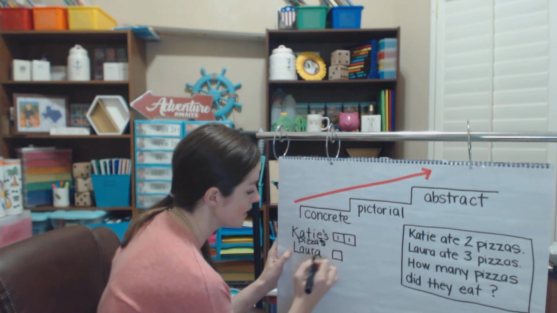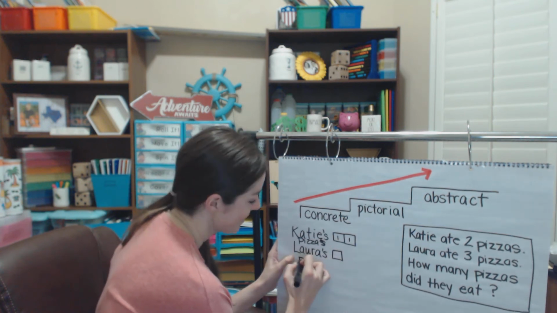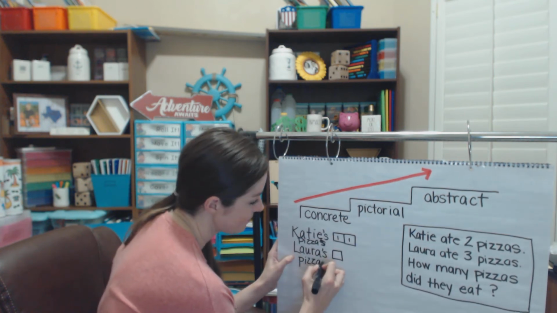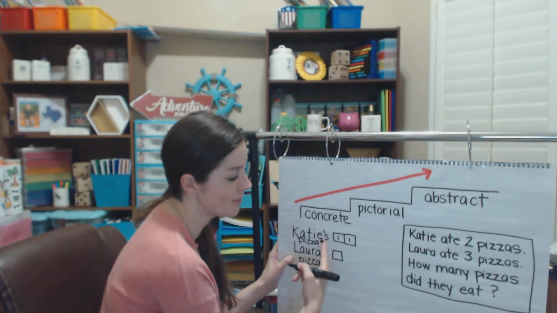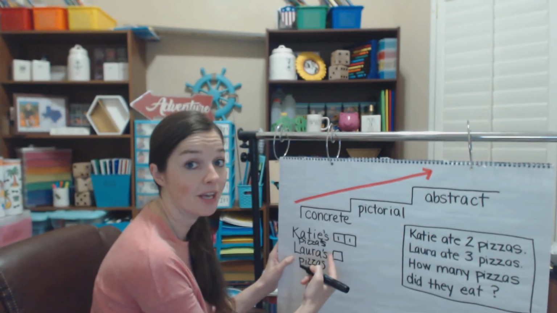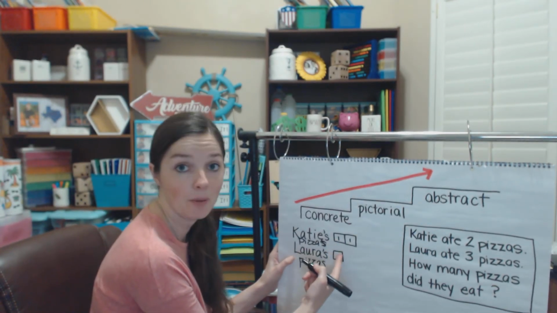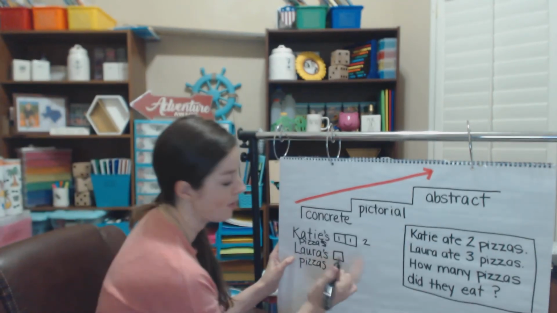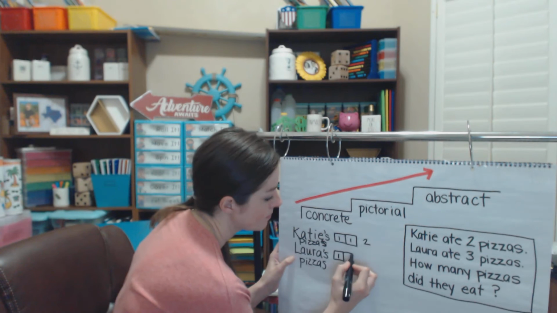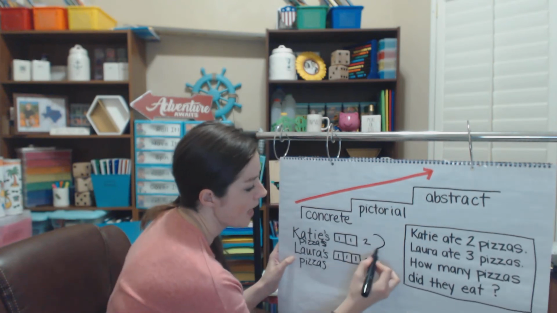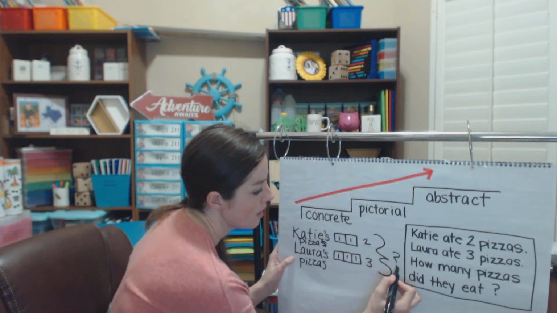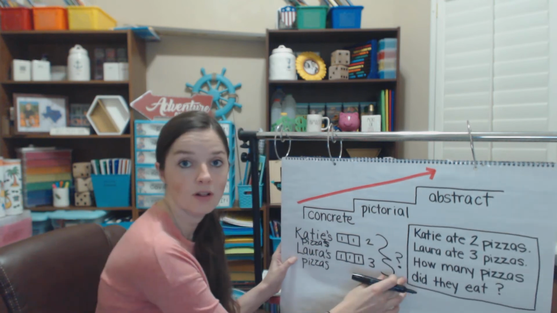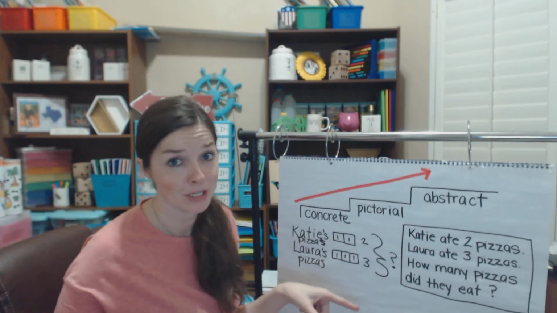Katie's pizzas and Laura's pizzas. Okay, so Katie has 2, so I draw 2 unit bars of equal length. And then Laura has 3 pizzas. And then we are looking for the total, so we represent that with a question mark.